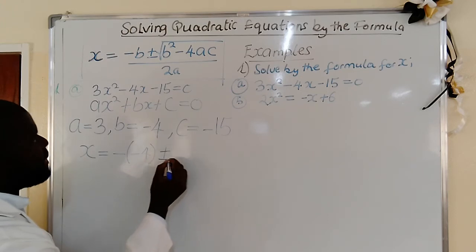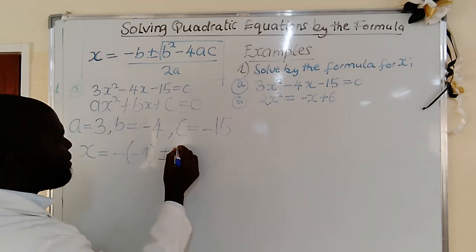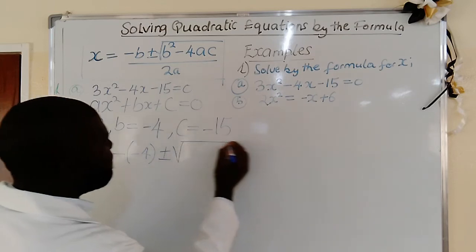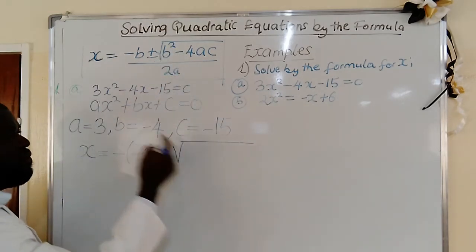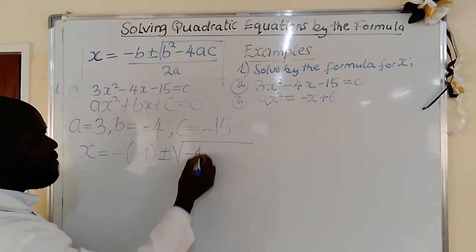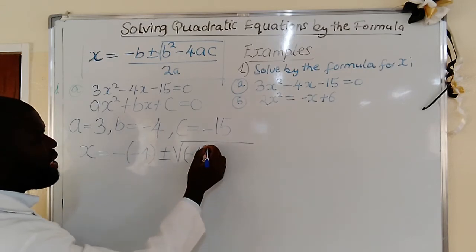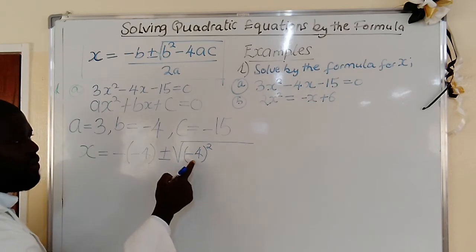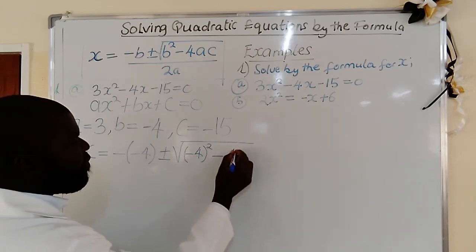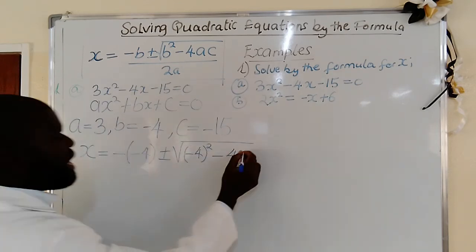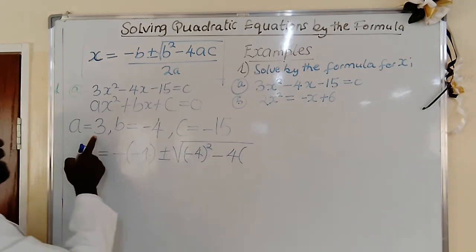Plus or minus the root of b squared. b is negative 4. Whatever number that you substitute for a letter, you square. So we have b squared minus 4, a is 3.